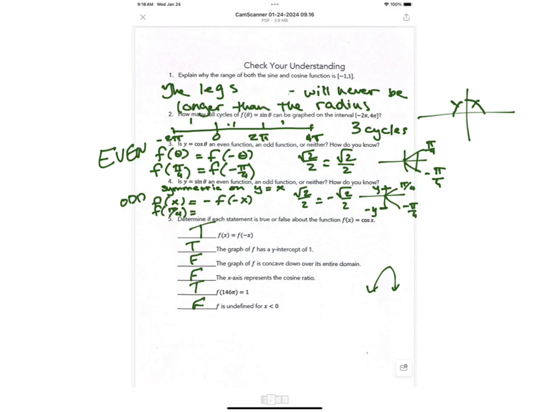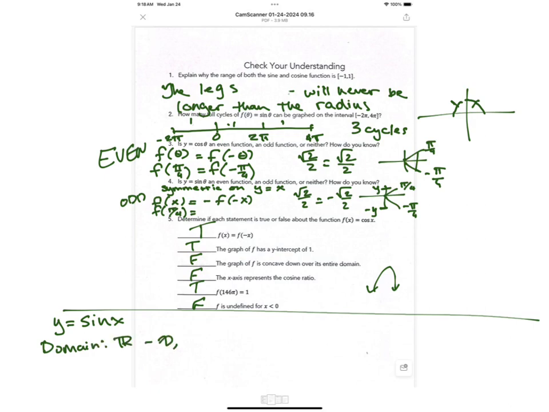Okay, we're going to take some notes here at the bottom that I think are going to help us moving forward with the next page. All right, so for the function y equals sine of x, things that you already know: the domain, you said, was all real numbers, or negative infinity to positive infinity.